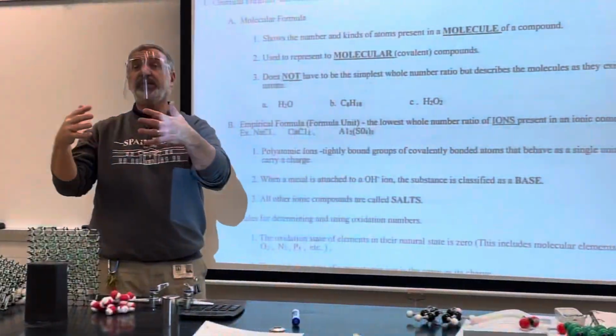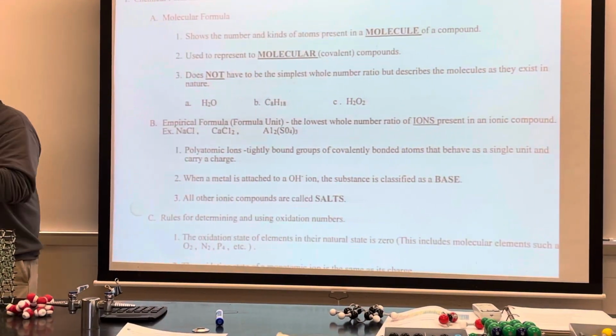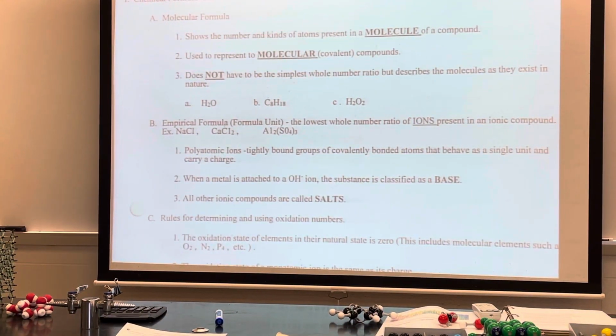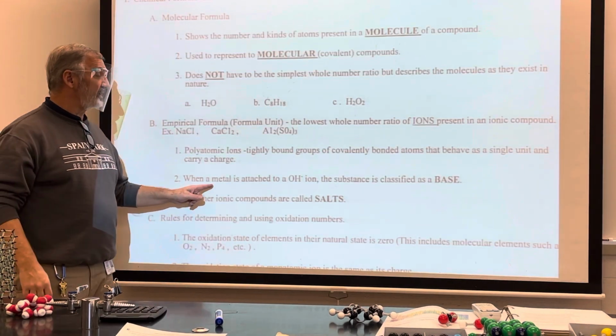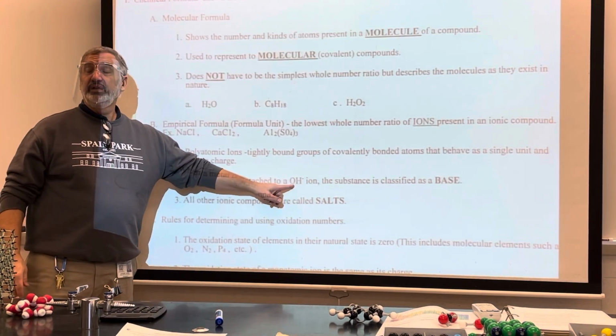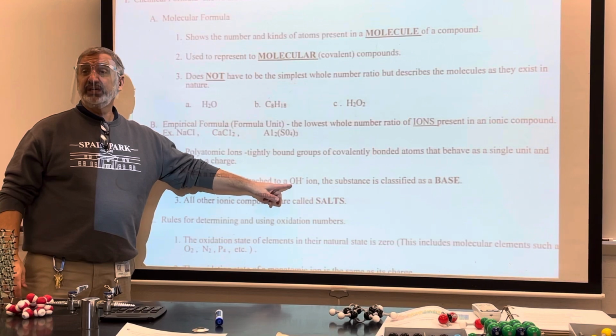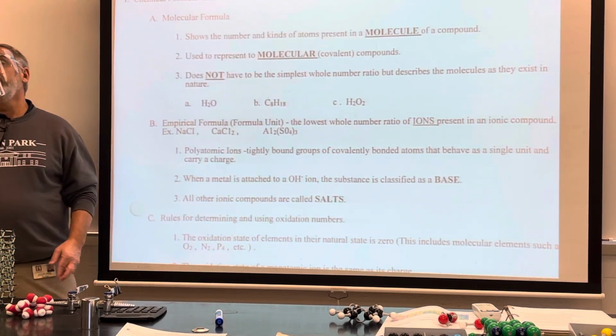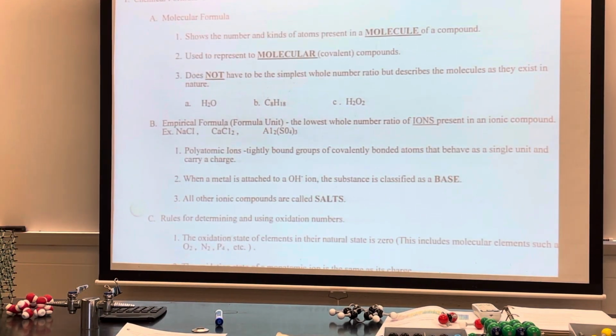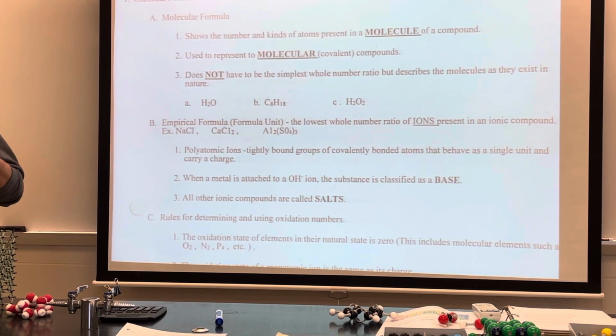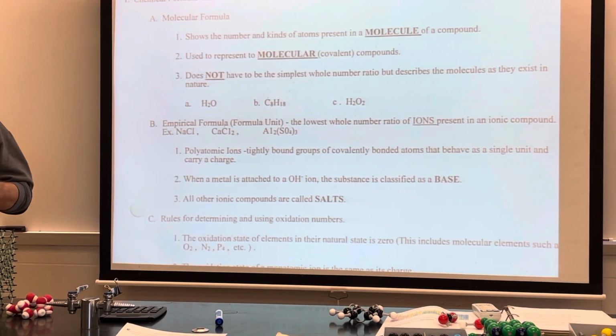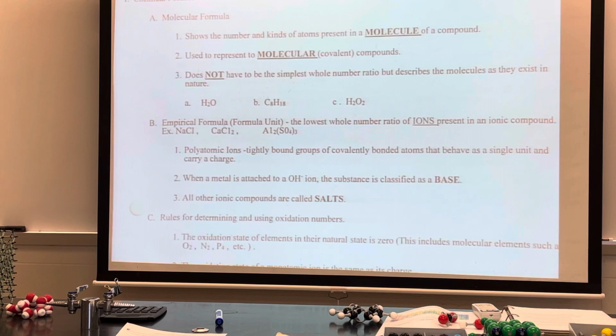So any other combination of ions is going to be an ionic compound. The general old school name is a salt. So if you hear the term salt, it's referring to an ionic compound. But a base is a special type of ionic compound where the negative ion is OH attached to a metal. If a hydrogen is attached to a nonmetal, that's what we call an acid, and we'll look at that at the very end of this unit.